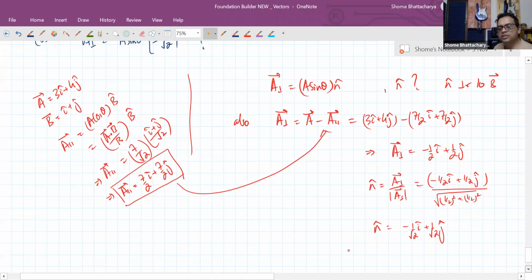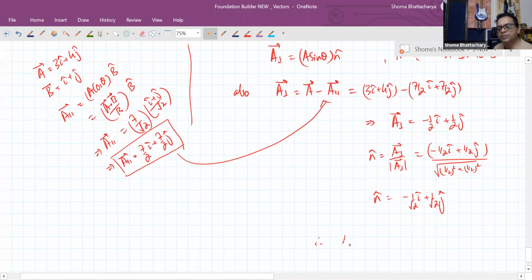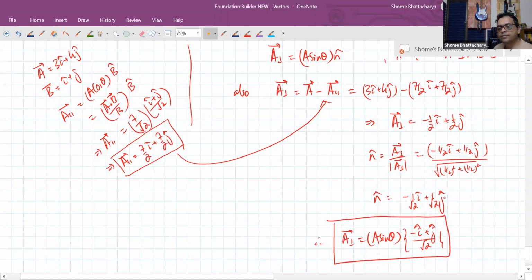So therefore now we can say that A perpendicular should be A sine theta into this unit vector. So on substituting this here we got this.